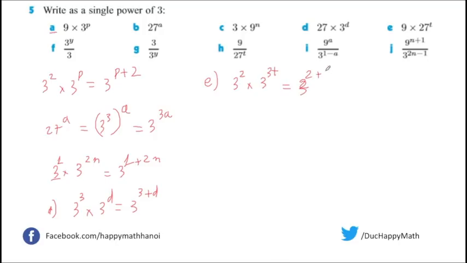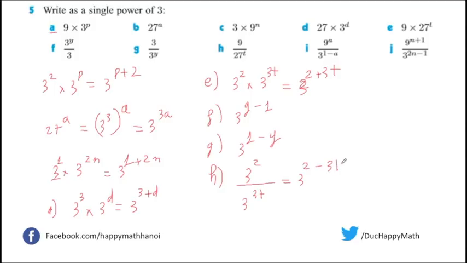And F, the dividend, so 3 power y negative 1. So how about G, you got 3 power 1 negative y, and H, you got 3 squared in the numerator and 3 power t in the denominator, and you have 3 power 2 negative t.